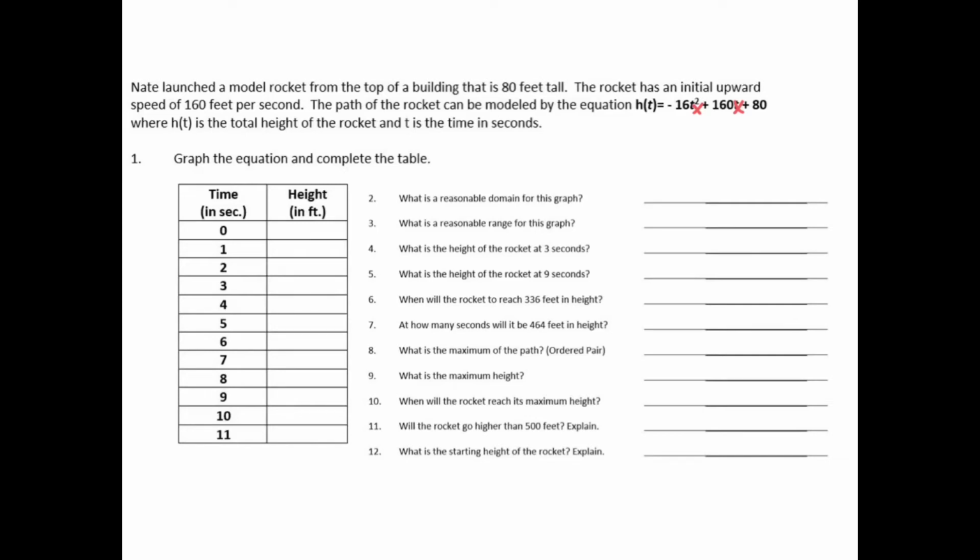Straight from my calculator, I got that at time 0, also our x of 0, the height was 80. At 1, it was 224. At 2, it was 336. At 3, it was 416.